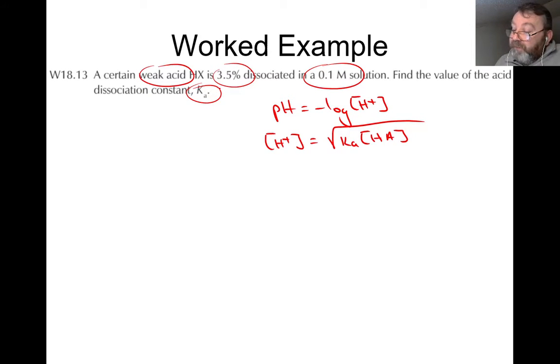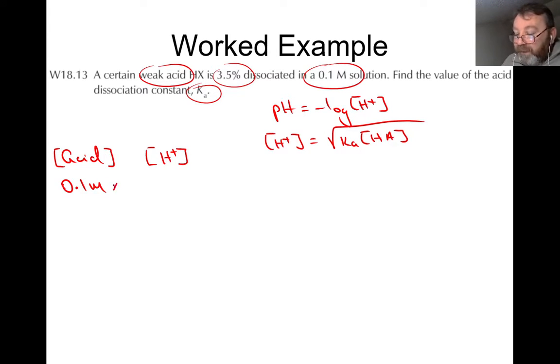So a weak acid is 3.5% dissociated. What does that mean? If your acid has a molarity of 0.1 molar and you want to work out the number of H pluses, okay? So the concentration of your acid is 0.1. The concentration of hydrogen ions is 3.5% of that.